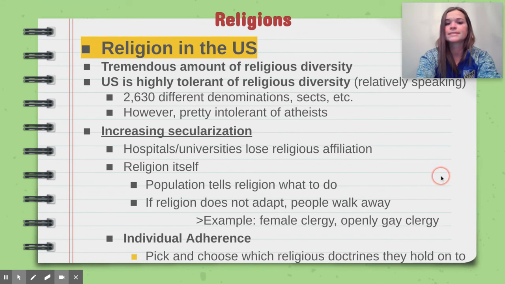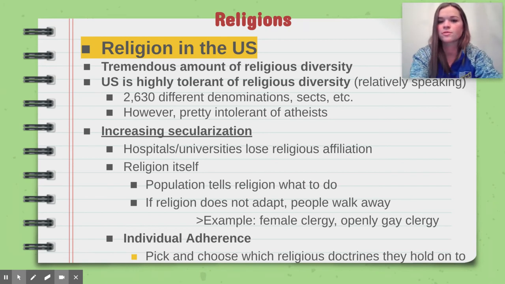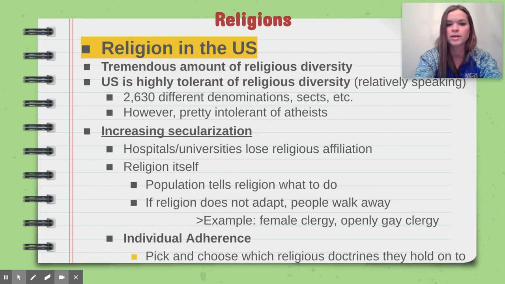Even though we're 80% Christian, we do have a tremendous amount of religious diversity. The United States is highly tolerant of religious diversity. Overall, we promote individual choice, and if people have a different religion than you, it's respected.